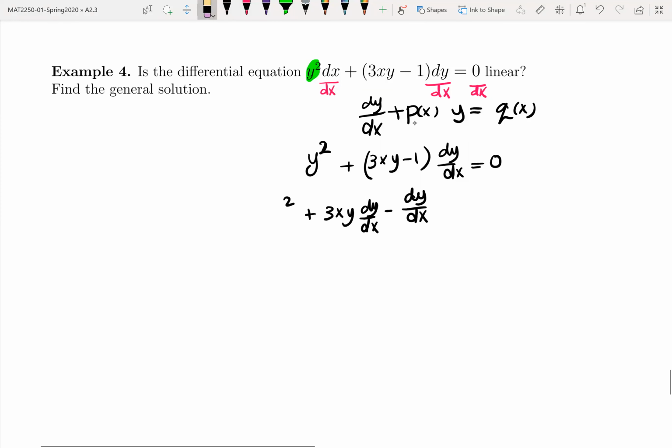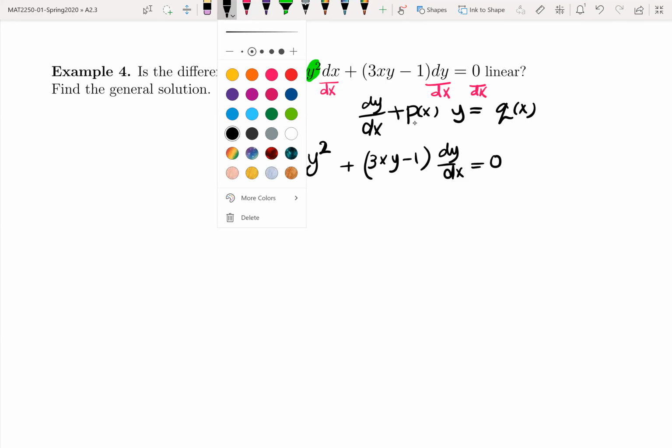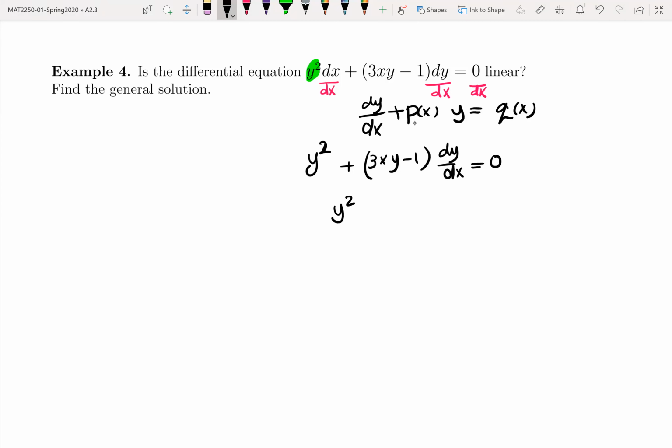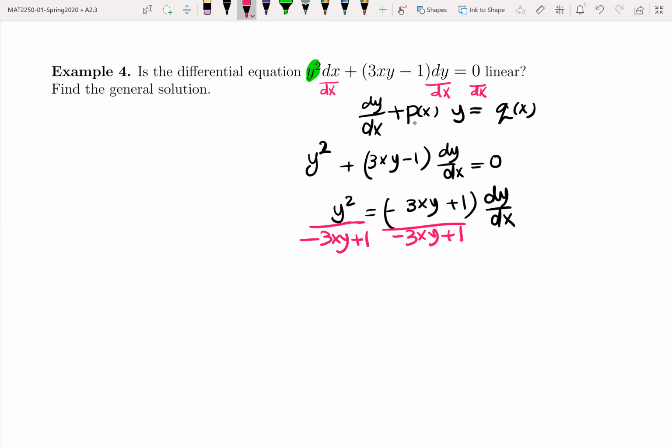It was easier to keep it in that way, dy dx, and then divide both sides by minus 3xy plus 1. Is that fine?